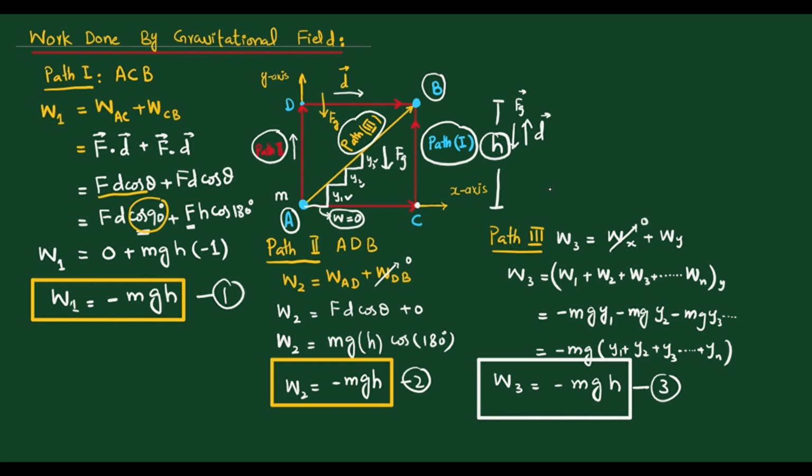Now if we calculate the work done in a closed path, from A to C, then C to B, and then B to A.